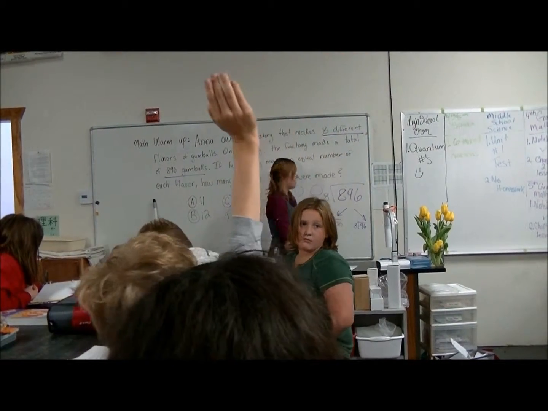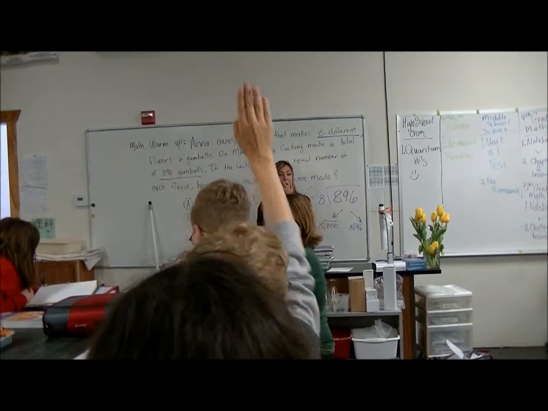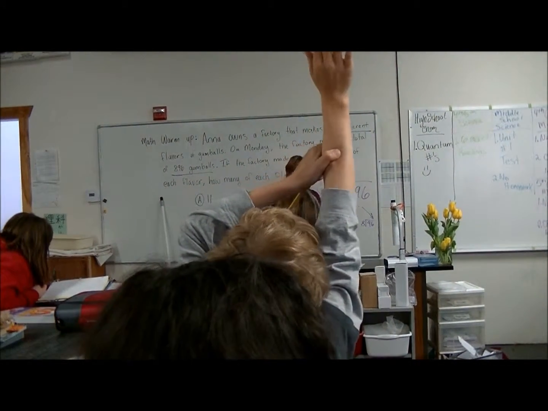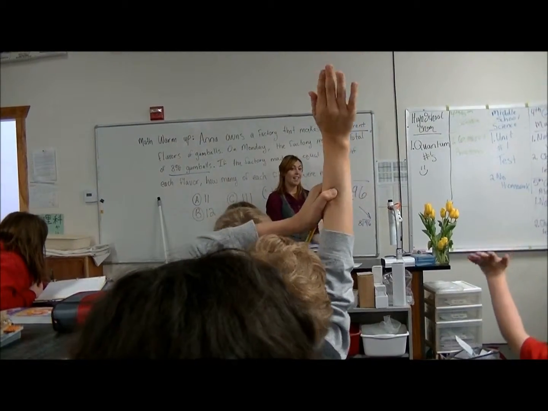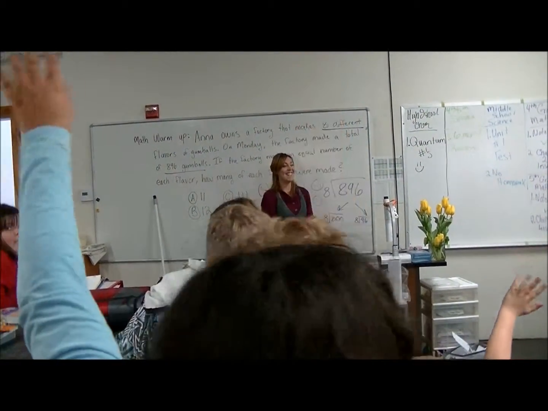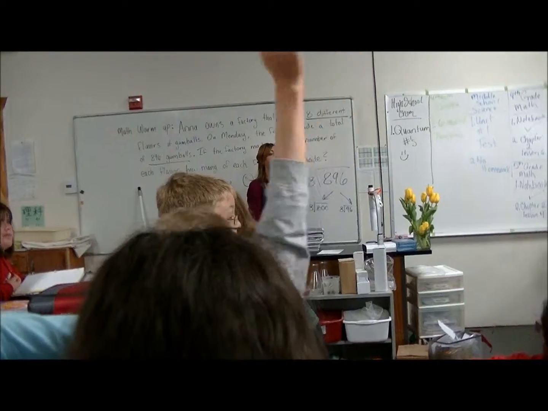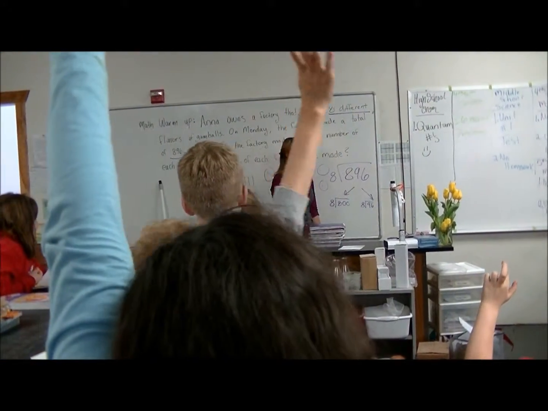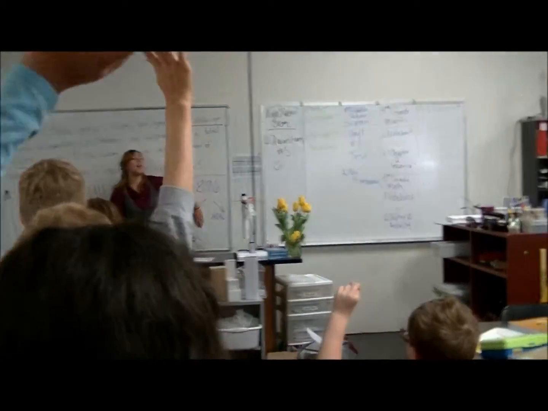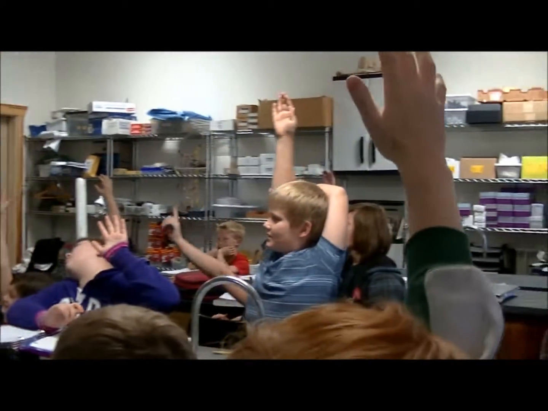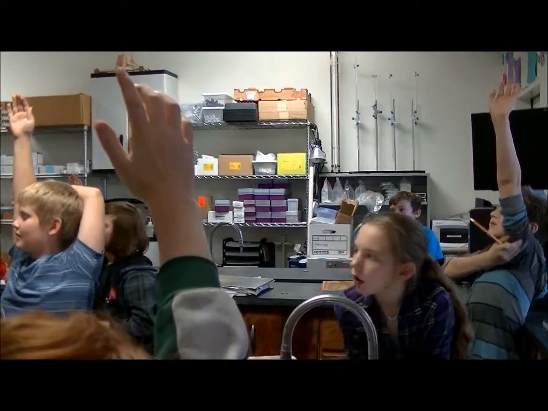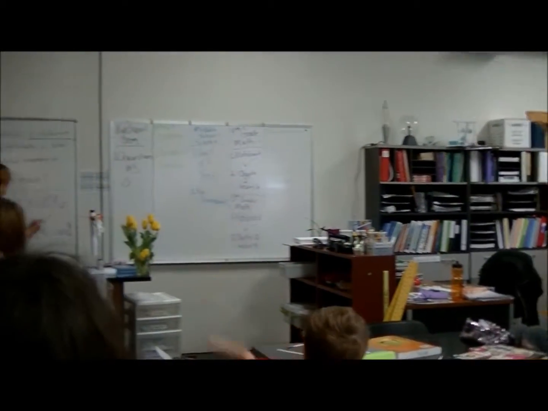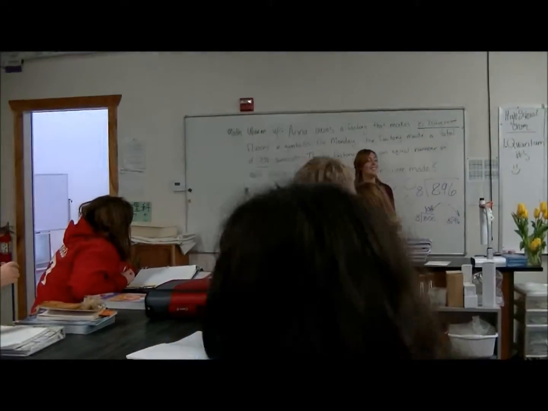But we're not dividing by 0. Justin? 800. 8 goes into 800 800 times? Bennett? 80. How many times does 8 go into 8? 1. 100. And then how many zeros did I ignore? 2. So what's my answer? 100.